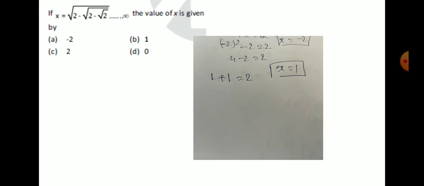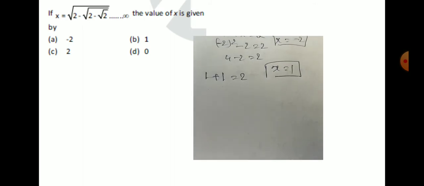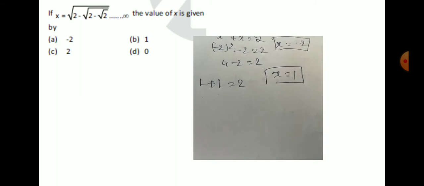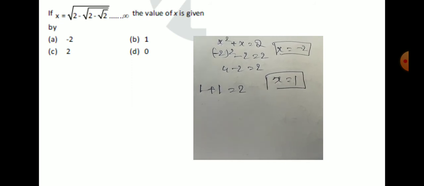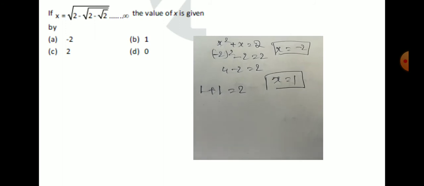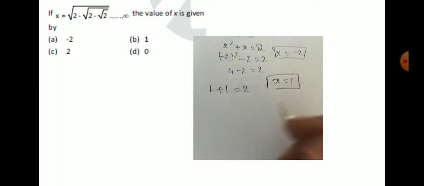If you take 2, then it will not hold good. 4 plus 2 is 6, it will not hold good. Therefore the answer is a and b, that is minus 2 and 1.